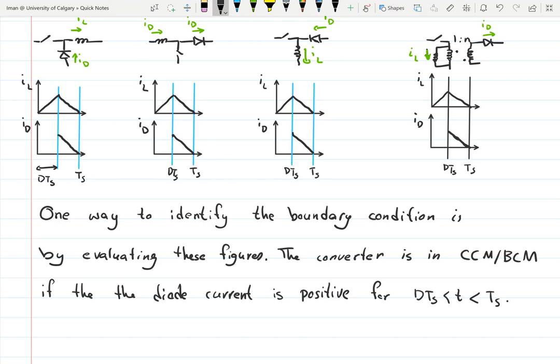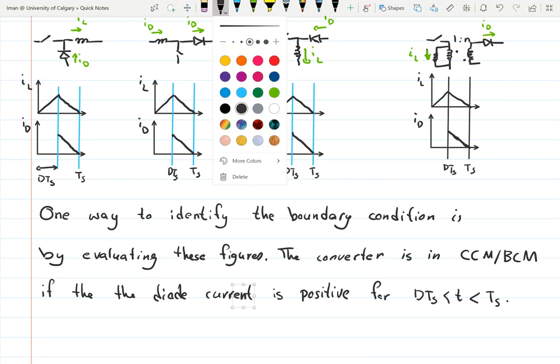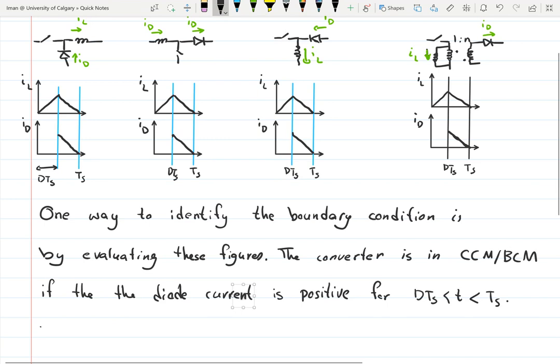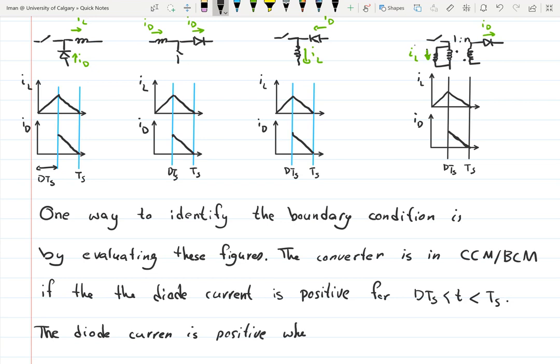So when is our diode current positive? When IL is also positive, right? The diode current is positive when IL is positive.